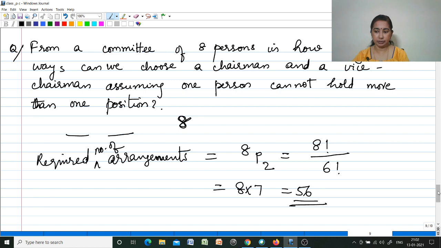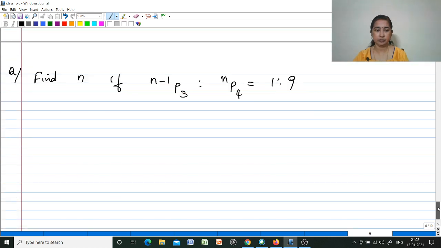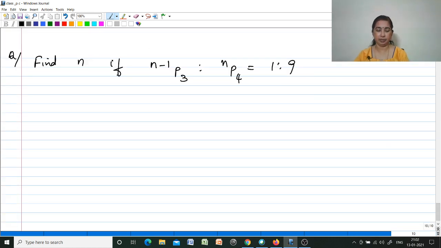Then now next one, find n if (n minus 1)P3 is to nP4 is equal to 1:9. What is (n minus 1)P3? (n minus 1)P3 is (n minus 1) factorial divided by (n minus 1 minus 3) factorial.